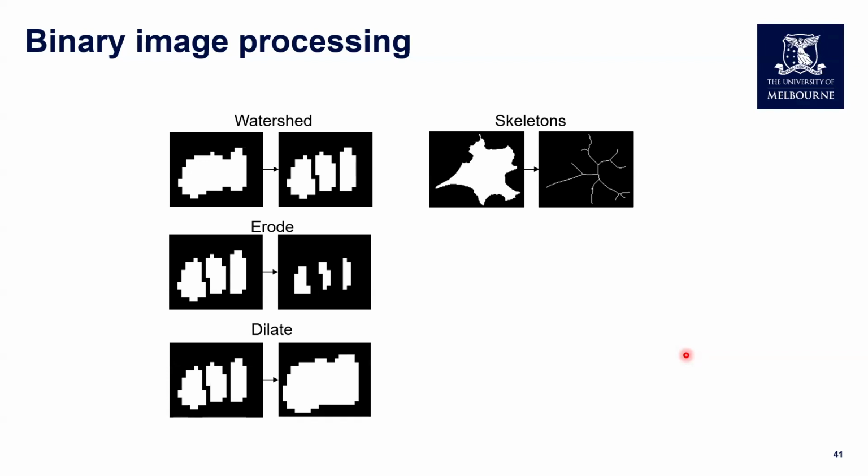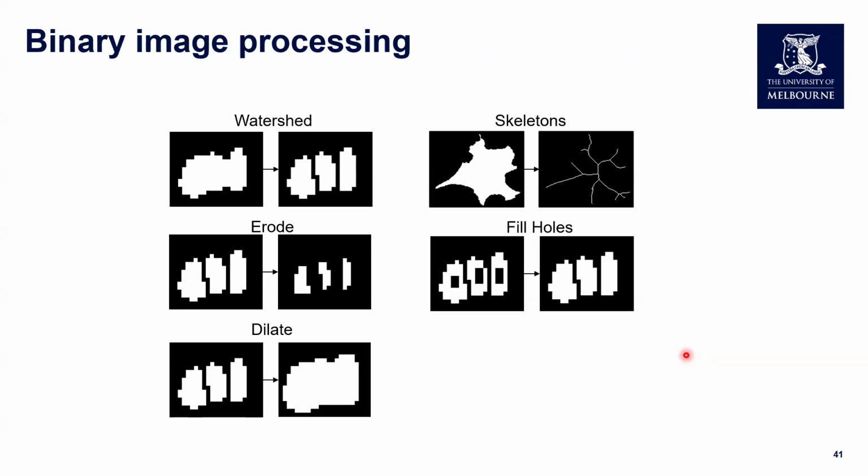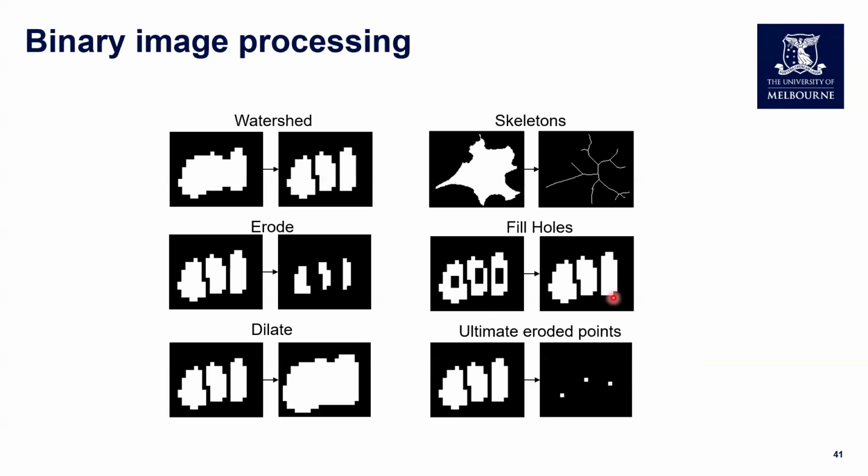And if we need to do some more tracing or different types of analysis, we can make the structure a single-pixel-width shape, which we call a skeleton. And in some cases, we may need to fill holes if our object detection wasn't really perfect and you really want to measure the area of the whole cells rather than the ones with holes. Or we can also find the ultimate eroded points, as I mentioned before.